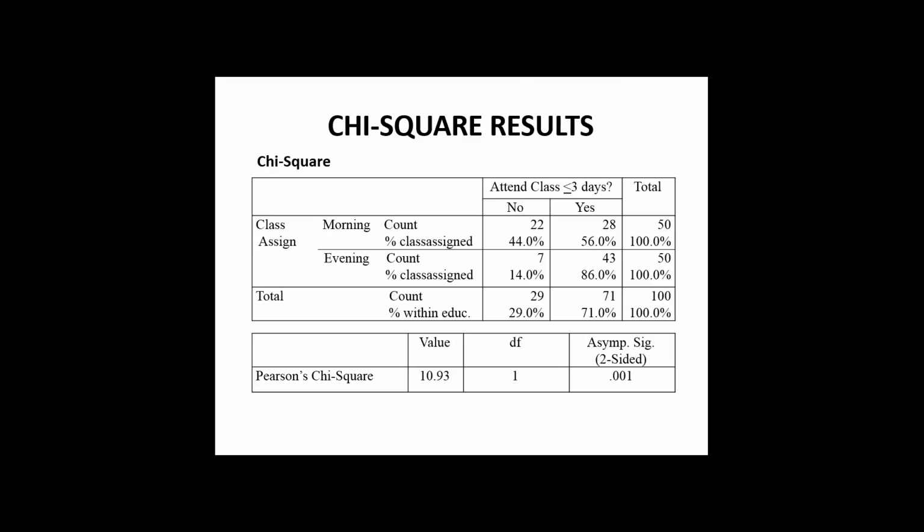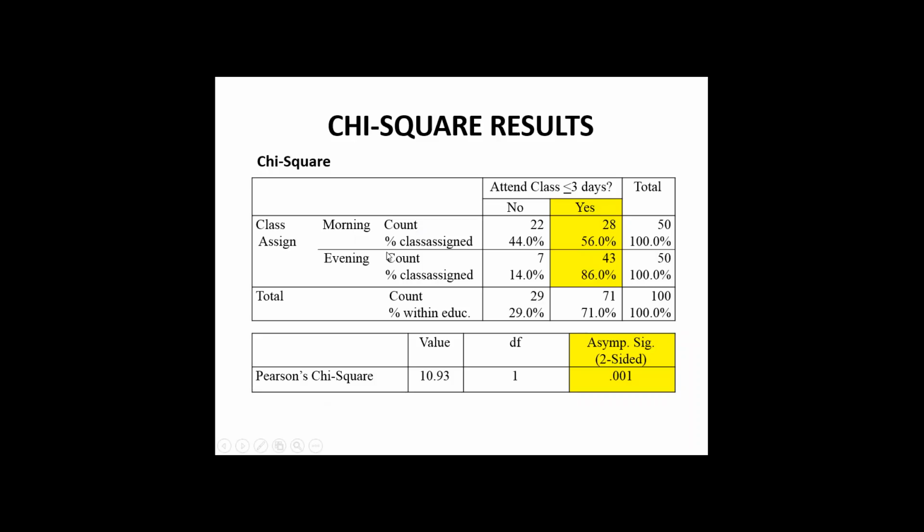So, bunch of numbers, what do we look at? First you see if it's statistically significant. On the second box, on the line that says Pearson's chi-square, it's below 0.05, indicating a statistically significant relationship. Then observe the column yes, attended class equal or more than 3 days, yes.